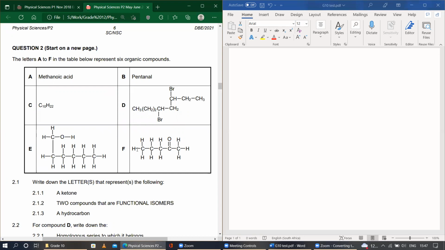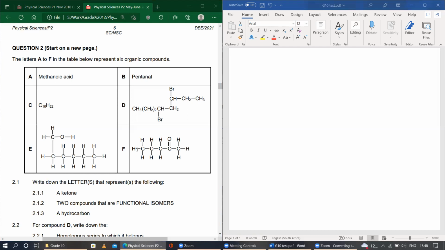Basically, this is pentanone or something like that. So basically, this is pentanone.